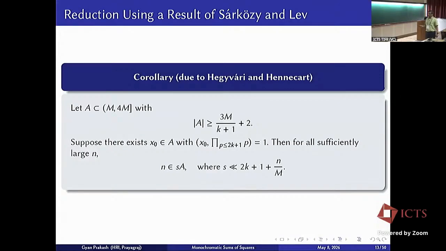Because if n is not too large, n is less than kn, then this S which you have to take is less than the density. Okay.